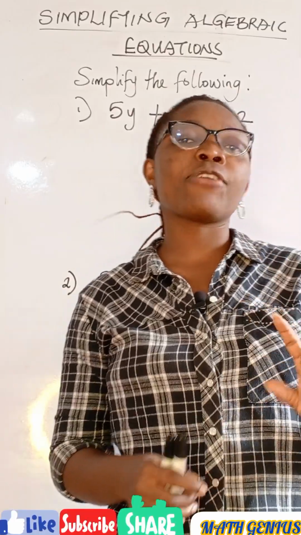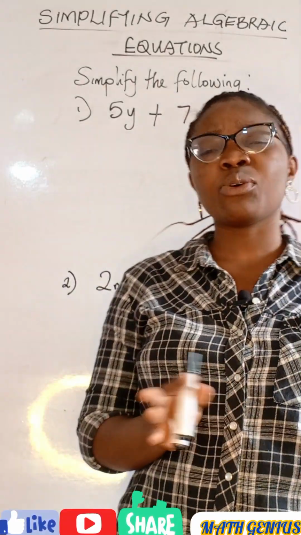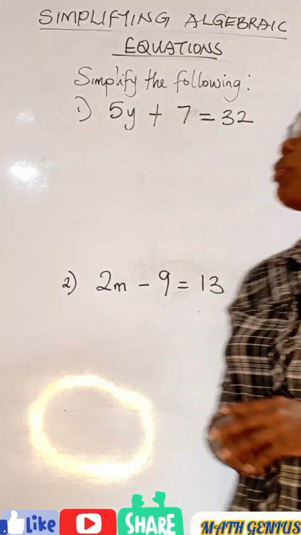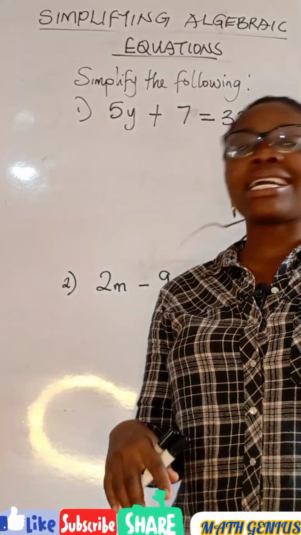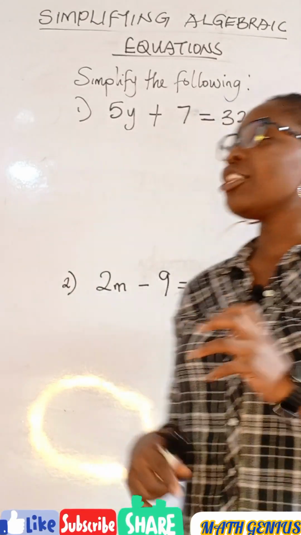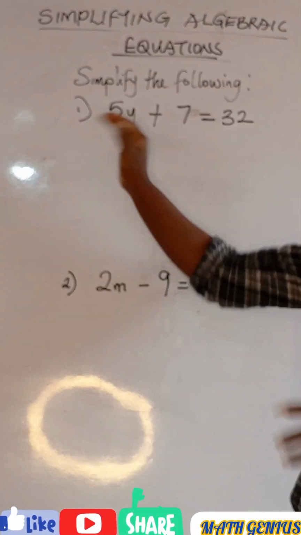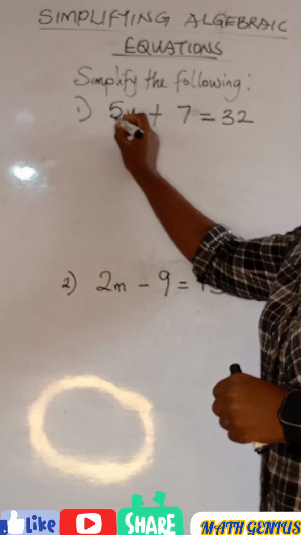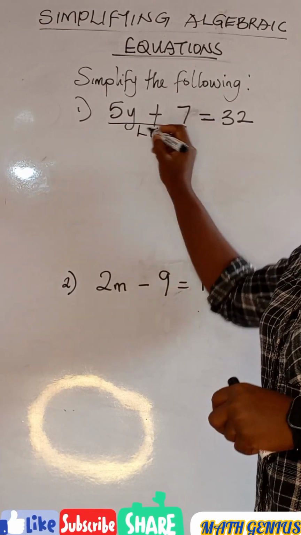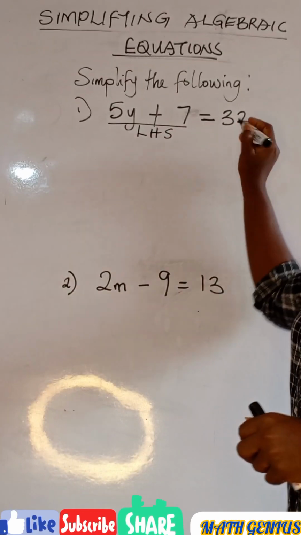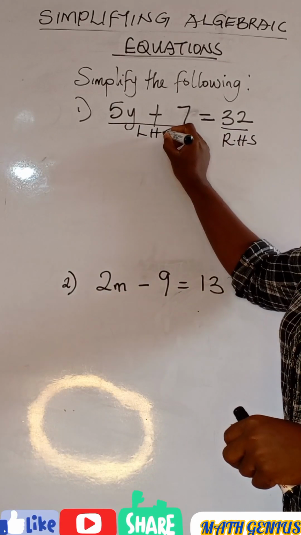Right now, I will move further by giving you another difference on how to differentiate algebraic equations from algebraic expressions. In an algebraic expression, we only have one side. It's just a one-sided expression. But in algebraic equations, we have two sides. The left-hand side, LHS, and the right-hand side.